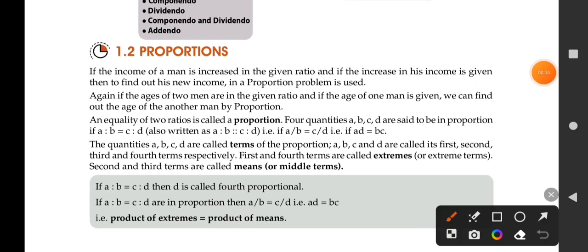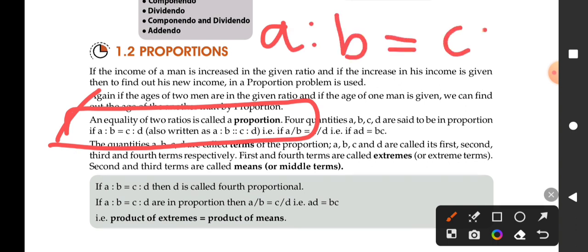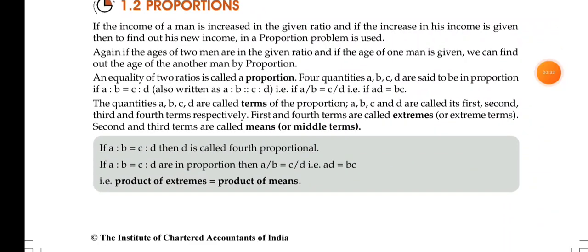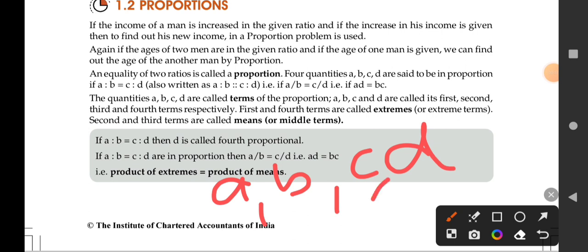Okay, so what is proportion? An equality of two ratios. Suppose the ratios here are A is to B and C is to D. If they are equal, they are said to be in proportion. What are A, B, C, D known as?